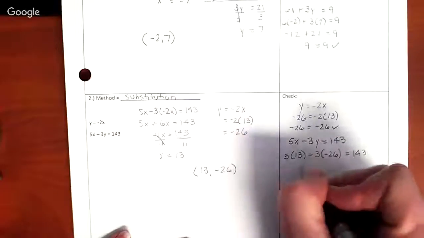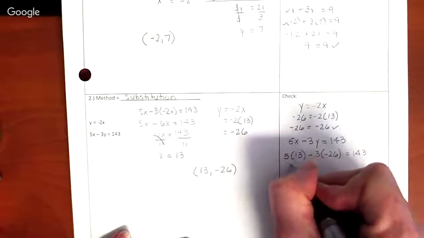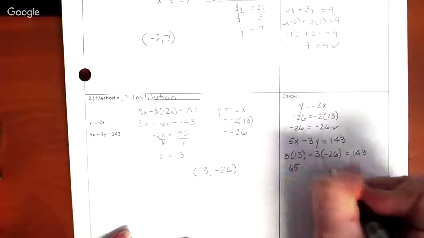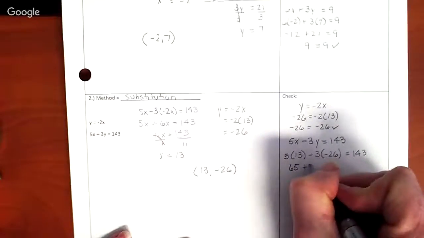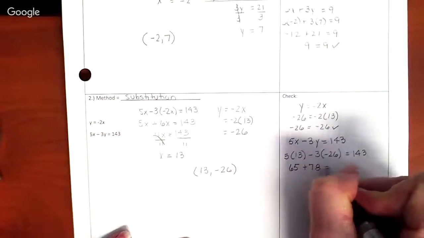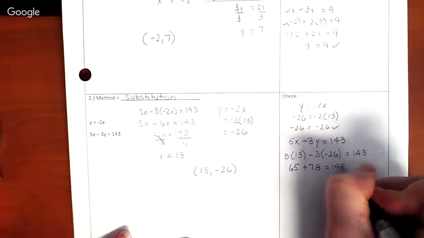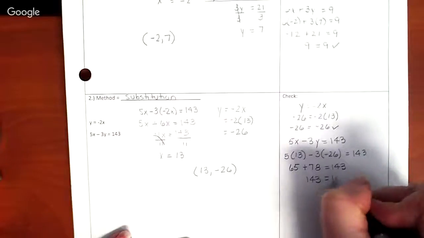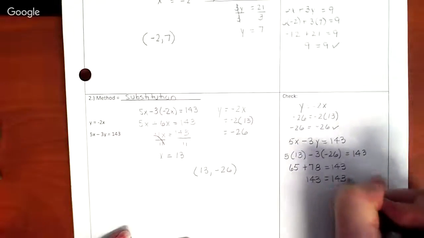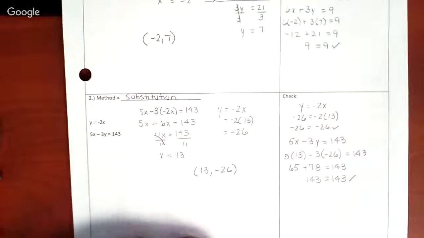So here we have 5 times 13 is 65. Negative 3 times negative 26 is a positive 78 equals 143. 143 equals 143. And that checks.